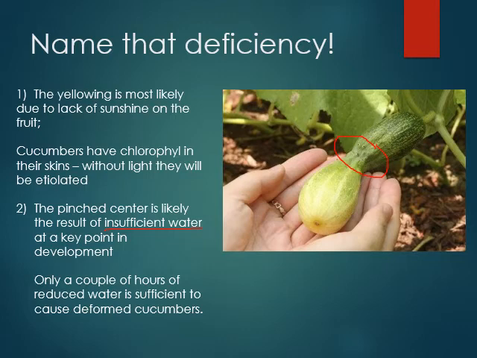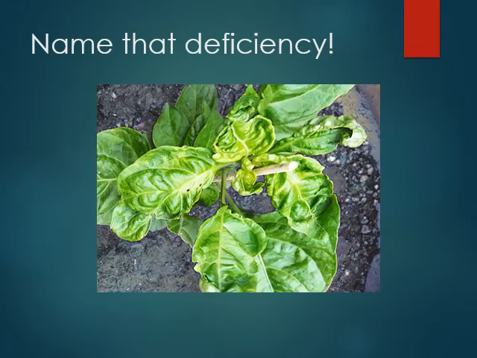And it's important to understand it only takes a couple of hours of interruption with irrigation for a cucumber to not form properly because they swell so quickly. And once they swell, the tissue's kind of set and you can't fix it. So there's two things going on here, right? The fruit was probably buried under something which made it yellow, and there was a disruption in water supply causing the fruit to deform.